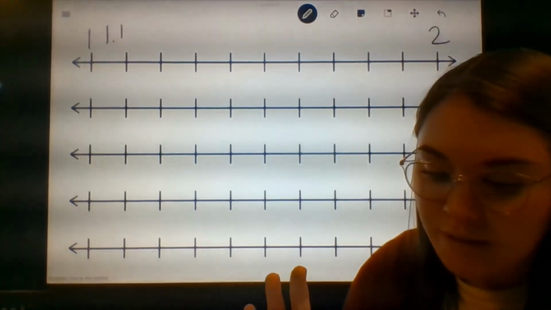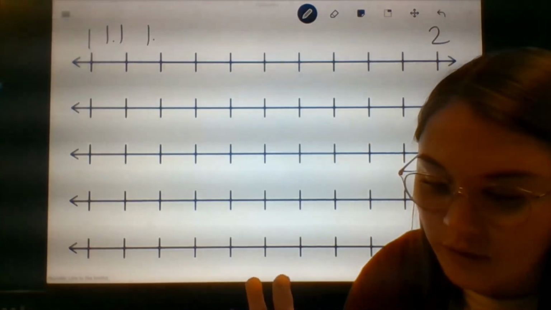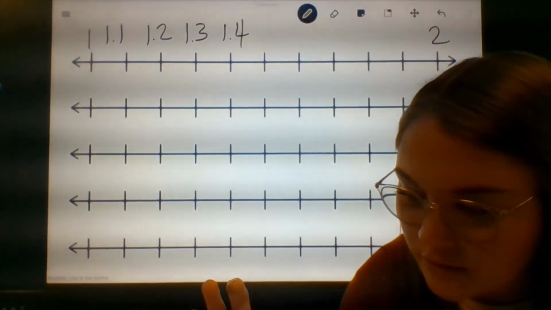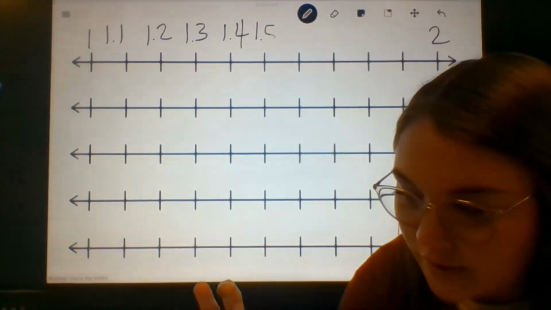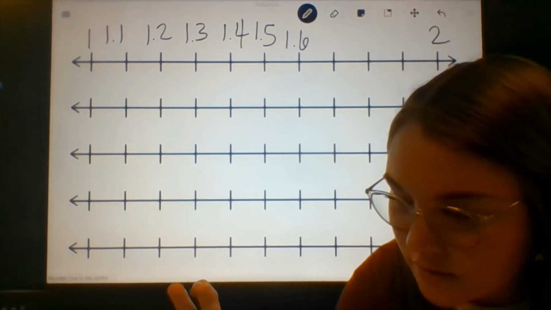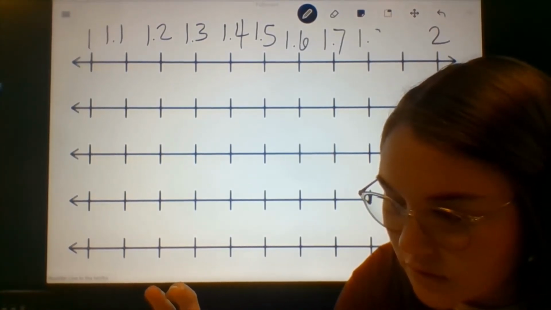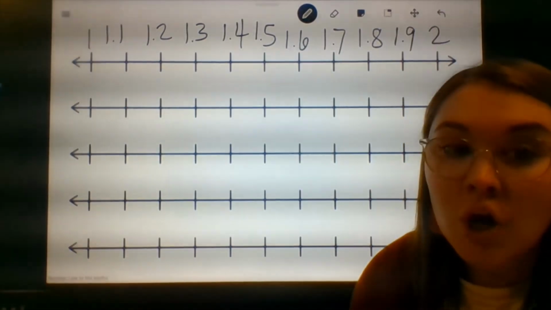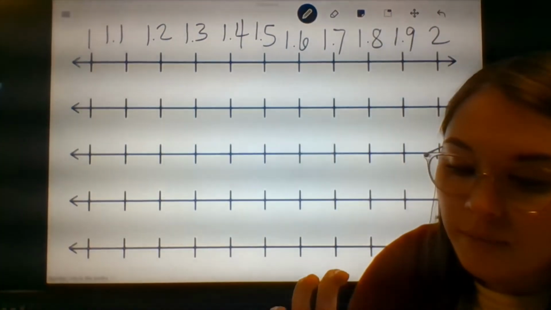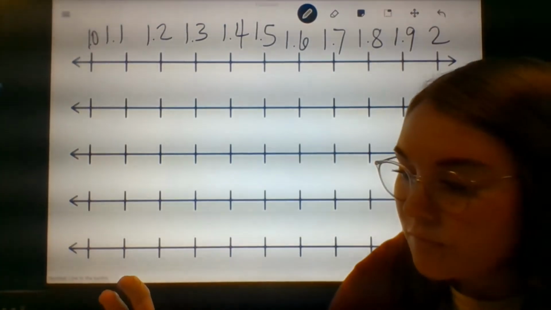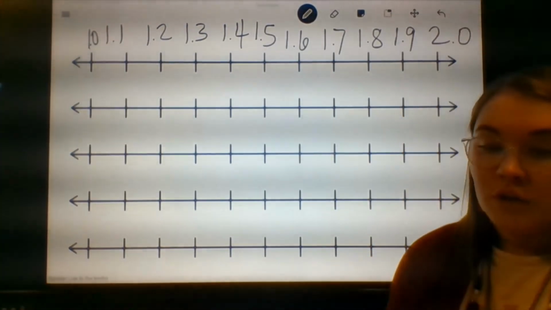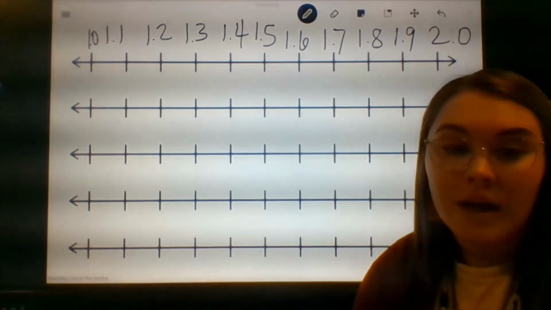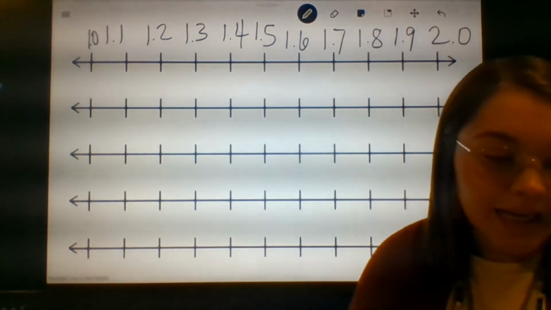So there's 1 and 1/10, 1 and 2/10, 1 and 3/10, 1 and 4/10, 1 and 5/10, 1 and 6/10, 1 and 7/10, 1 and 8/10, 1 and 9/10. And then there's 2, and we can see the whole numbers as looking like this. So you've got 1, 1.1, 1.2, and you're counting all the way up by tenths.